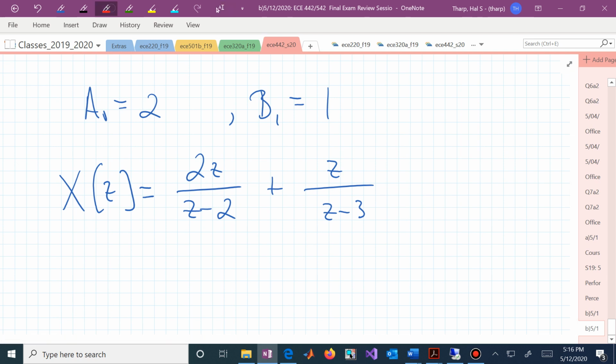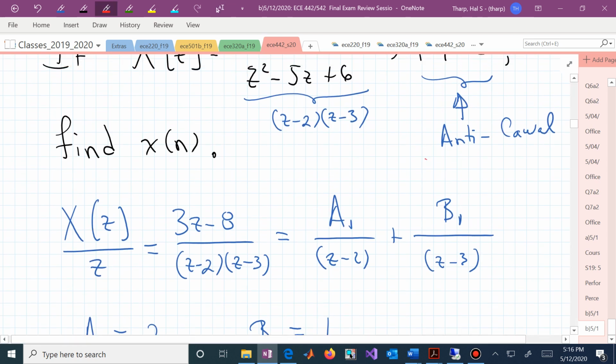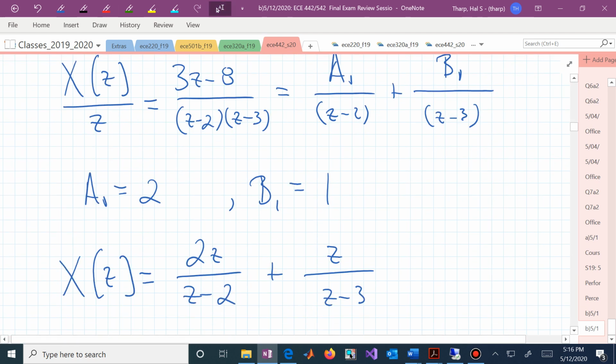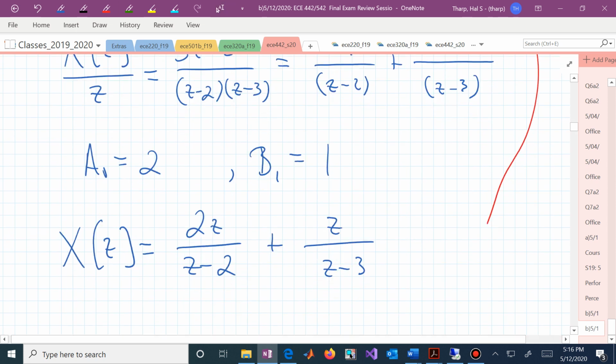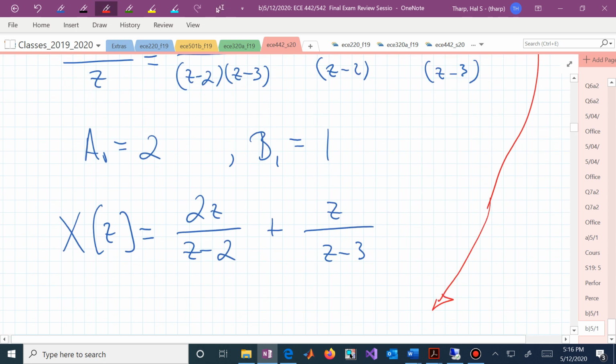Now, because it's non-causal, you need to make sure that you're staying focused.